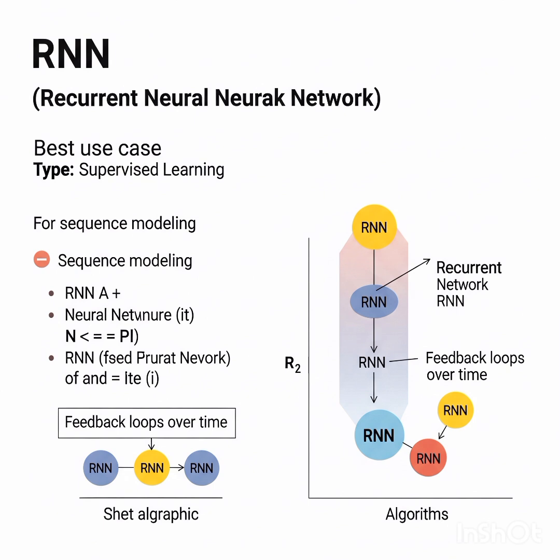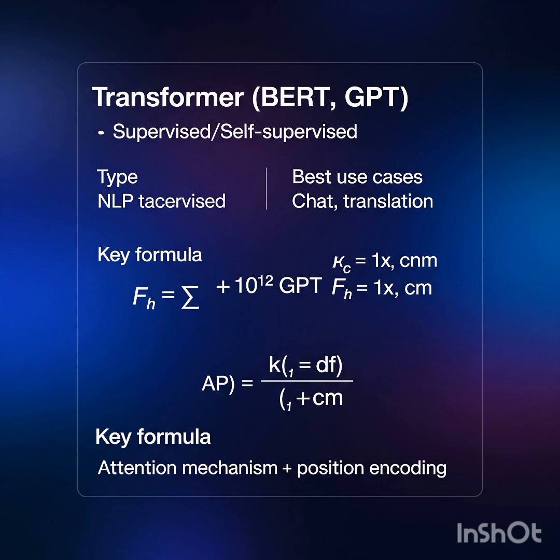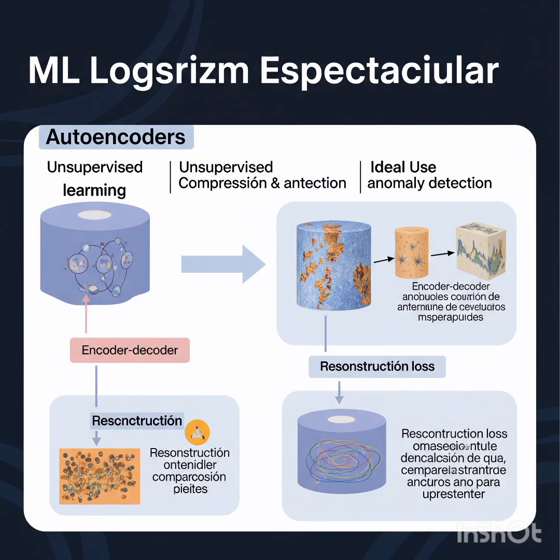It starts with that same linear equation, but then it does something clever. It passes the result through a special function, the sigmoid function. Sigmoid. Yeah, think of it like a squashing function. It takes any number, big or small, positive or negative, and squeezes it into a value between 0 and 1. Like a probability. Exactly. So it outputs the probability of belonging to one class.